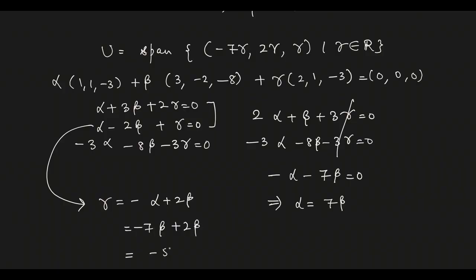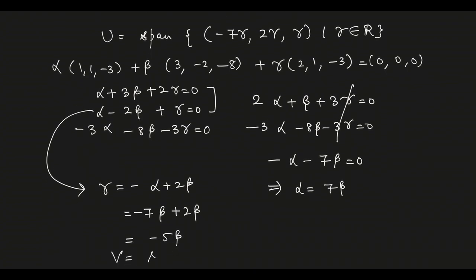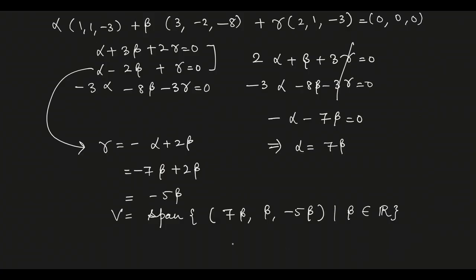So this will be minus 5 beta. U intersection V.